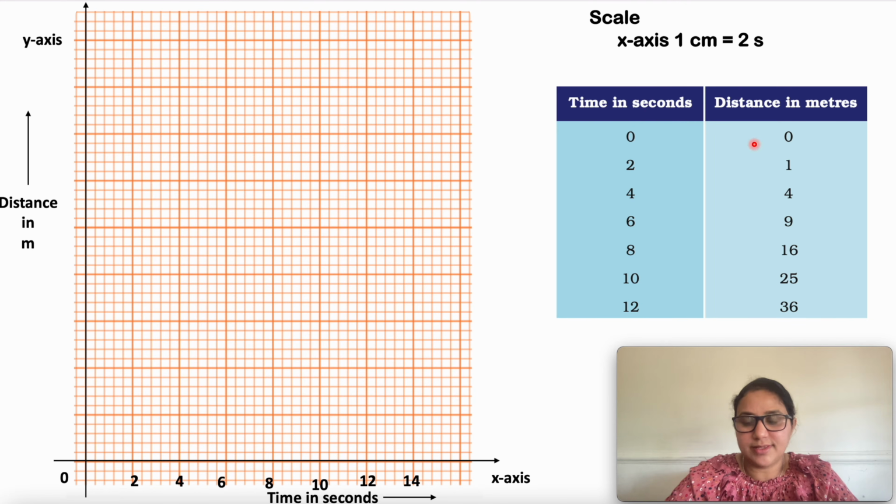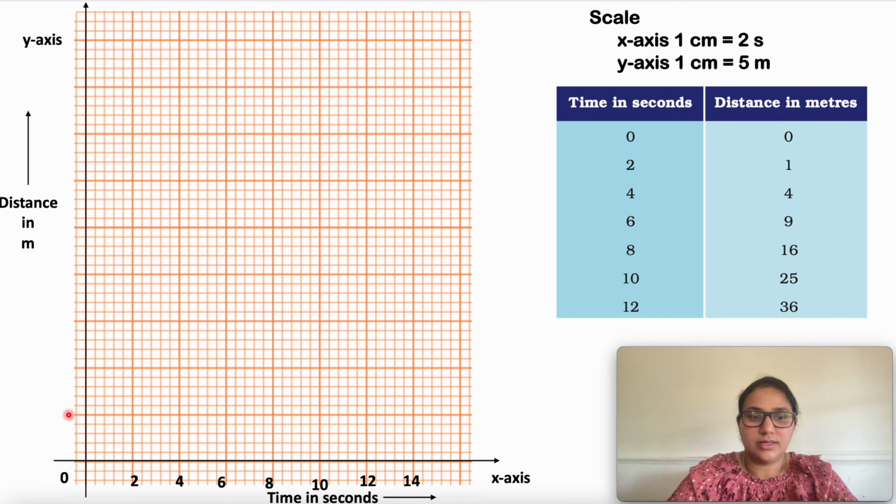But on the y-axis, as you can see here, the initial value is 0, but the final value is 36. So we cannot choose 2, 4, 6, 8, 10, etc. because this scale won't fit in this y-axis. So we have to choose the scale in such a way that on the y-axis 1 centimeter is 5 meter.